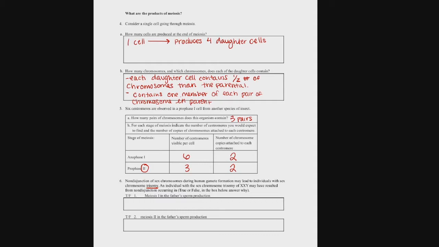An individual with the sex chromosome trisomy XXY may have resulted from non-disjunction occurring in Meiosis One. And do you guys think that Meiosis One in the father's sperm production could produce trisomy? True or false? I just want to see what you guys think.